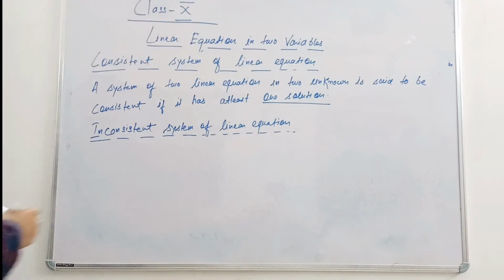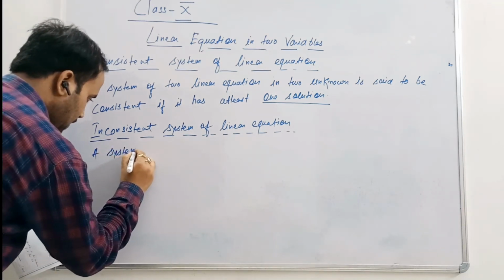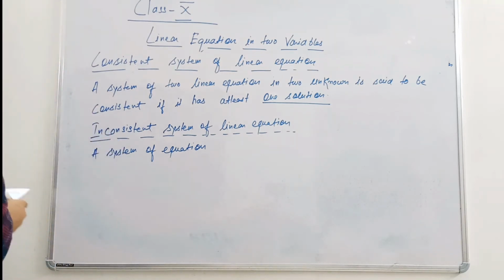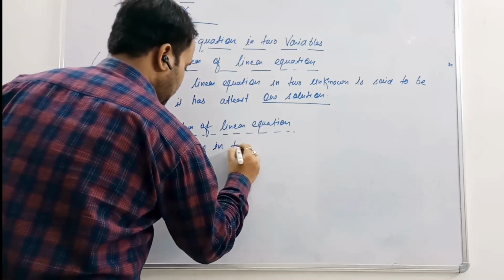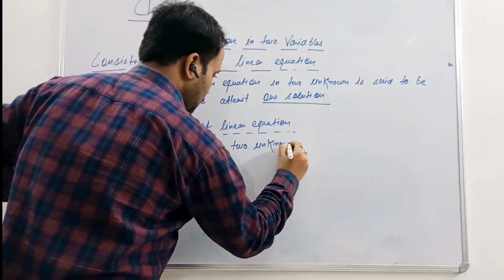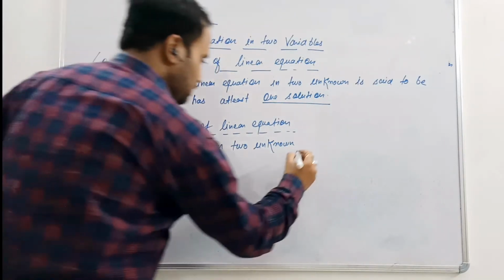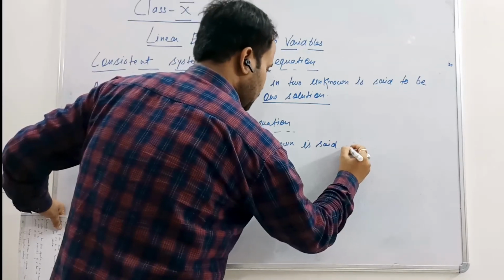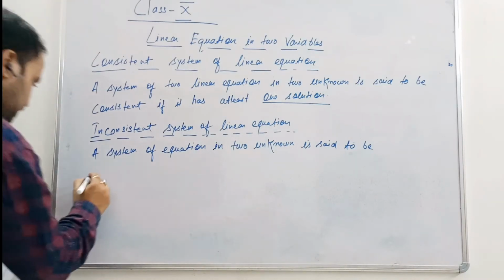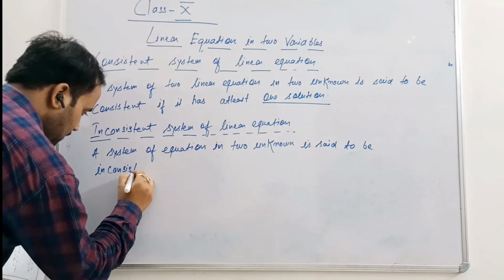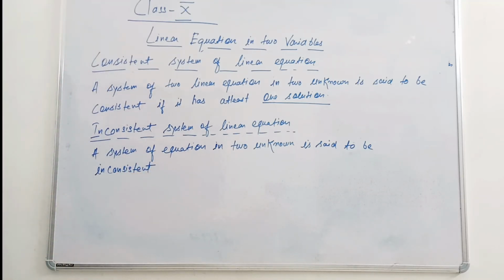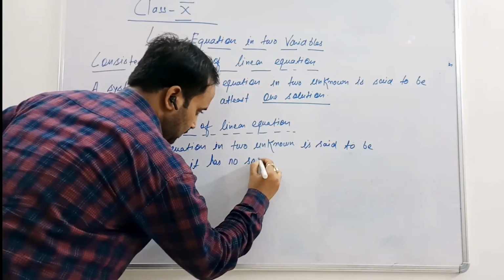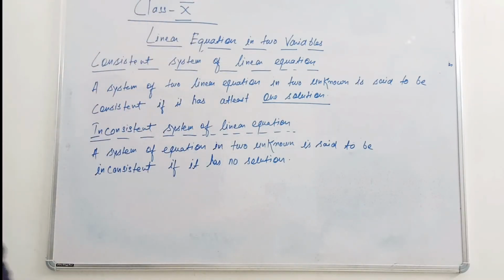A system of equations in two unknowns is said to be inconsistent if it has no solution, no solutions at all.